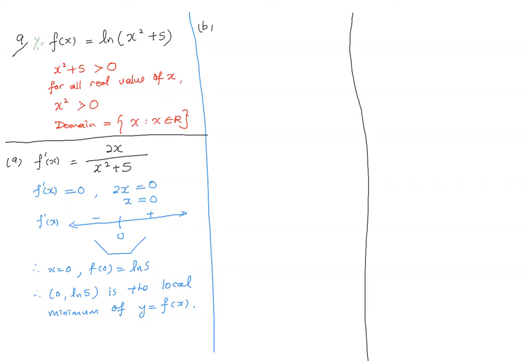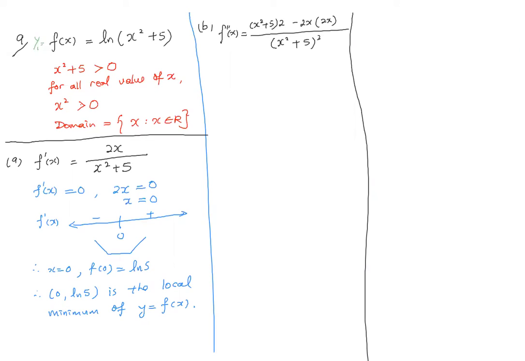In order to find f double prime x, if we want to talk about inflection point, we have to find f double prime x. So this one, you must use your quotient rule. V times bottom u prime minus u v prime. That is 2x. The whole thing divided by v squared.